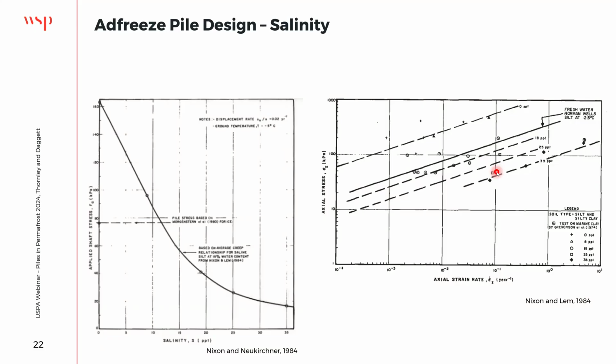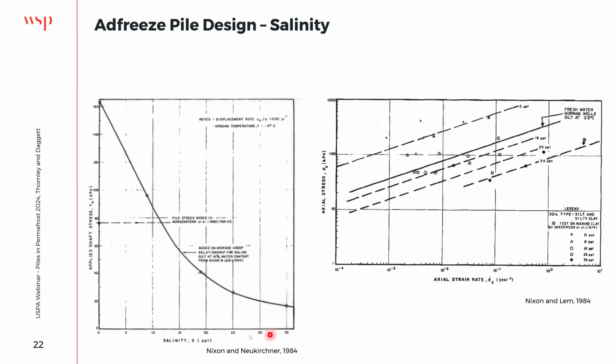So that's one thing to consider: you're no longer going to be freezing, of course, at 32 degrees. You'll have a change of freezing point. So when we start talking about salinity, we're going to see drastic changes in our adfreeze strength.